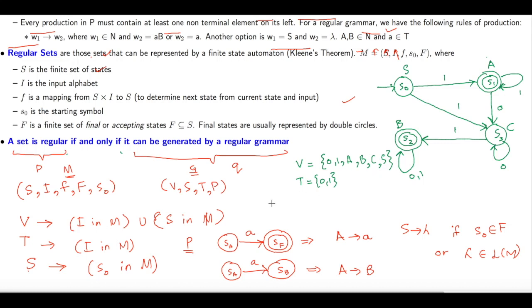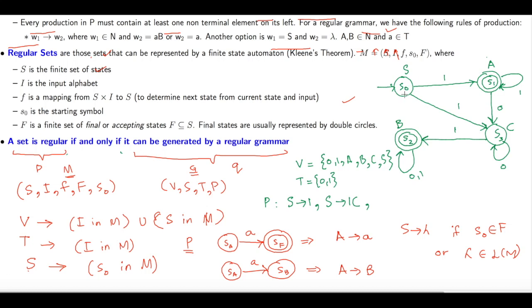Now the productions. S0 at an input of 1 goes to a terminal state, so I would say S goes to 1. Now S0 with an input of 0 goes to S3, so I say S goes to 0C, because C corresponds to this.